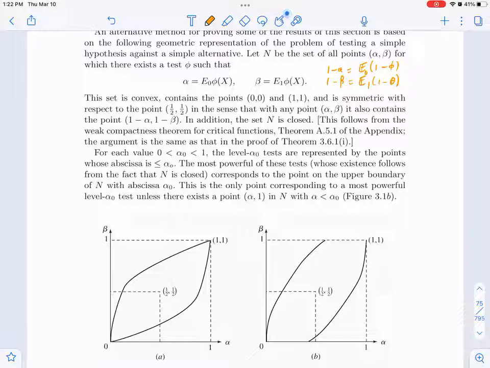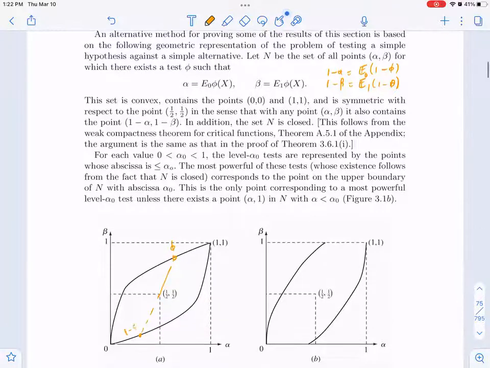You can imagine this is the reflection of a point with respect to this center. Every point here, if you reflect it against this point, ends up here. If this is the point corresponding to phi, this would be the point corresponding to 1 minus phi. And the next point is that this set is going to be convex, so the set of all possible alpha and beta would be convex.